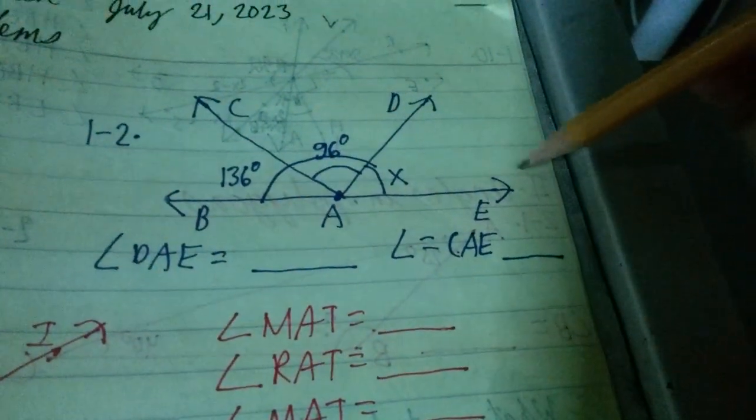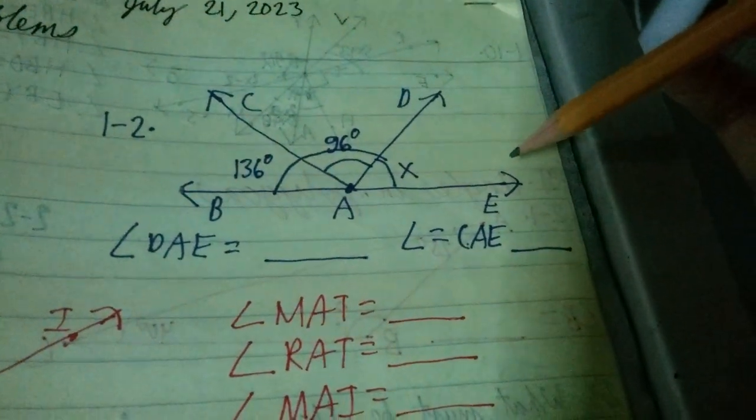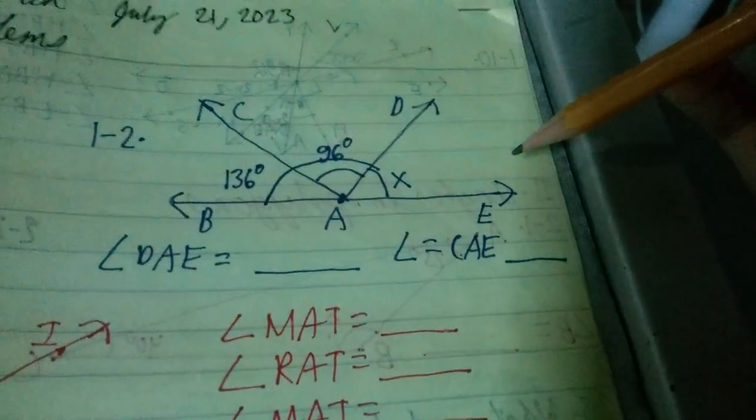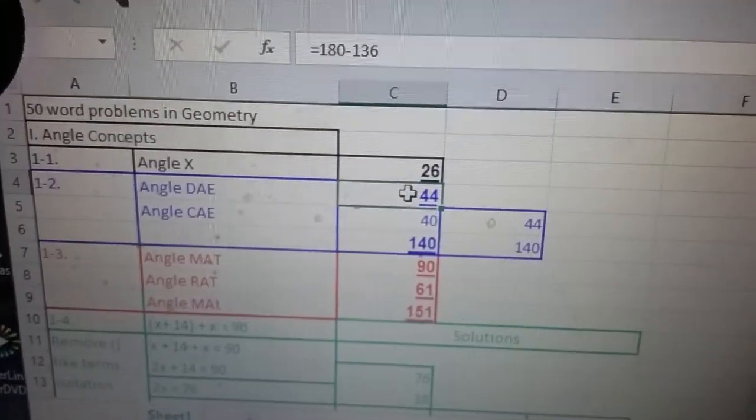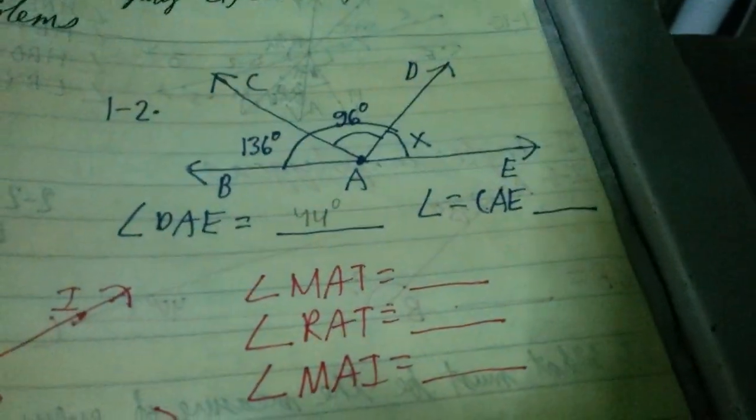DAE. So if you have 136 degrees, you know angle BAE forms a straight angle, right? So what we did is 180 minus 136, and you should get, tama, 44 degrees. You should definitely get 44 degrees for that matter.